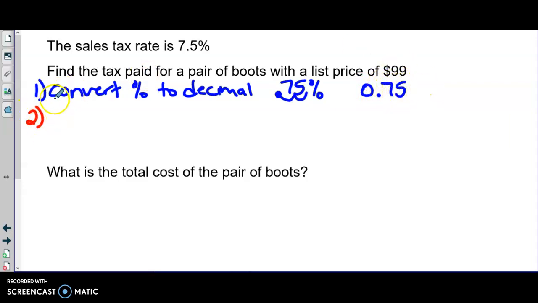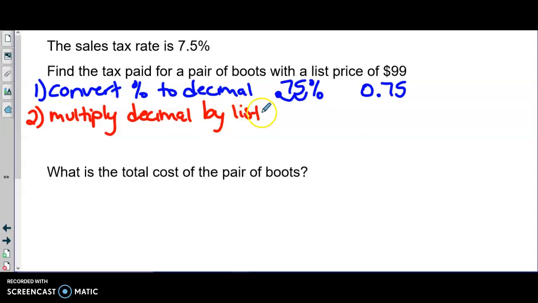The second thing we do is we multiply that decimal by the total, or the list price. So we're going to take our $99 and we're going to multiply it by 0.075.